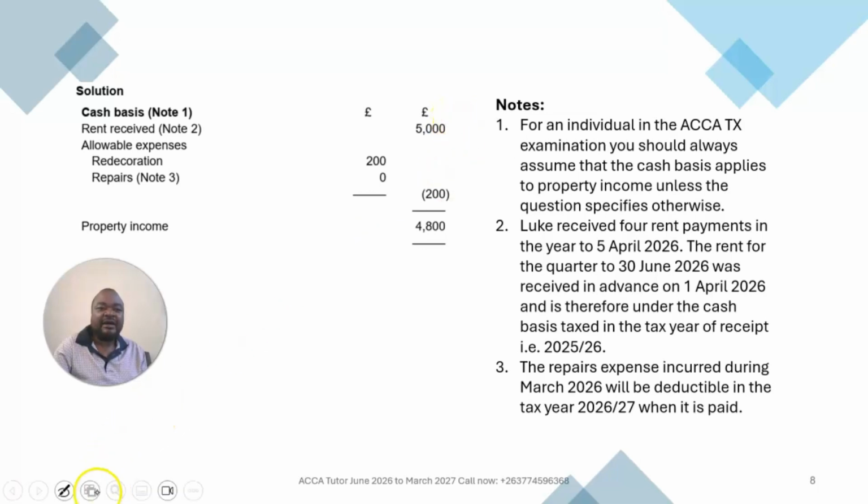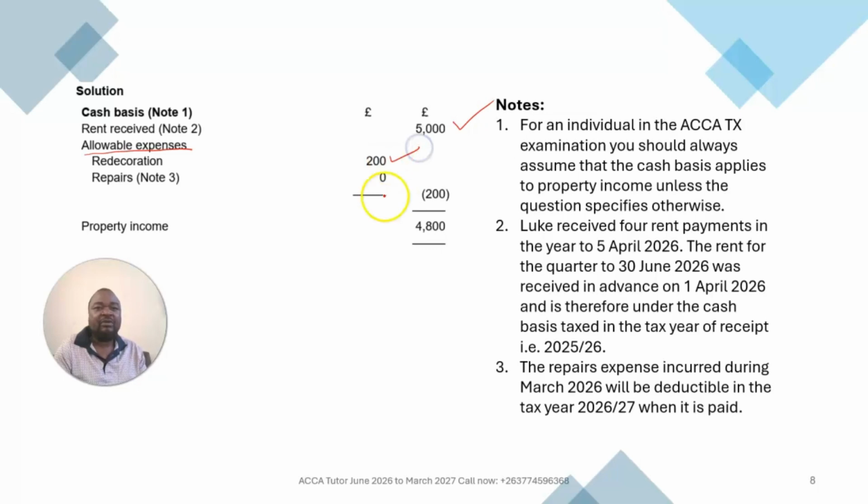The 5,000 is the rental which was received, and then we need to deduct allowable expenses. That is the redecoration of the property. Remember, there was a burst pipe, so we needed to redecorate the property. The repairs and maintenance are going to be allowable.